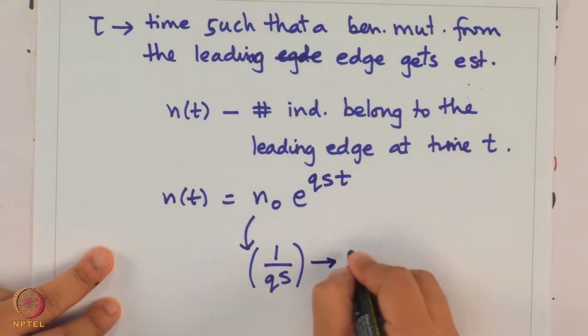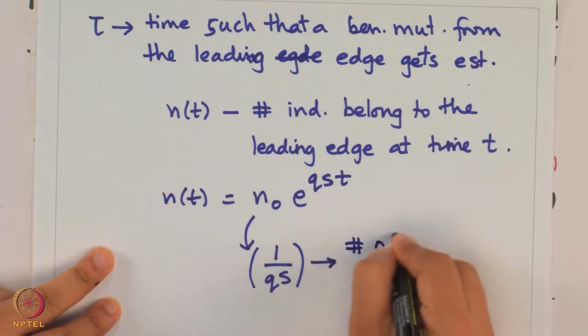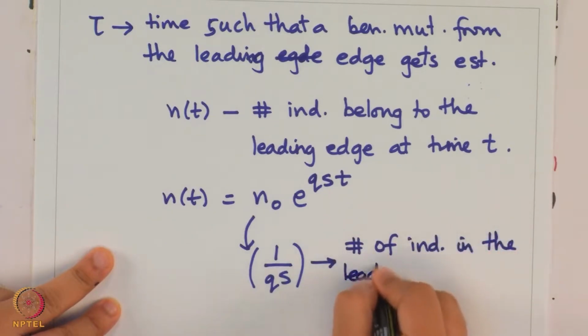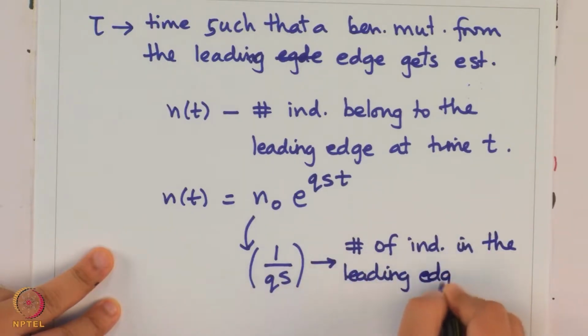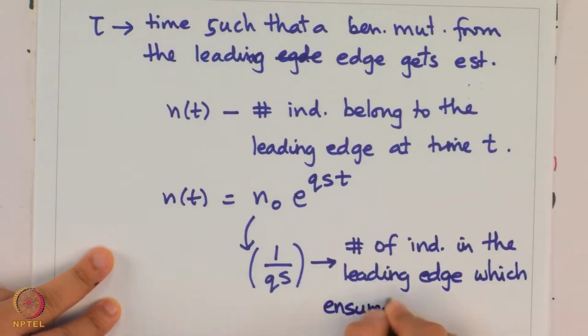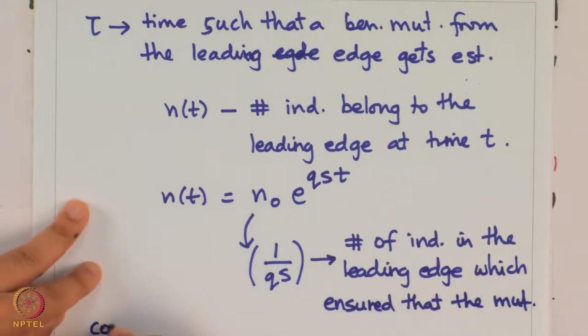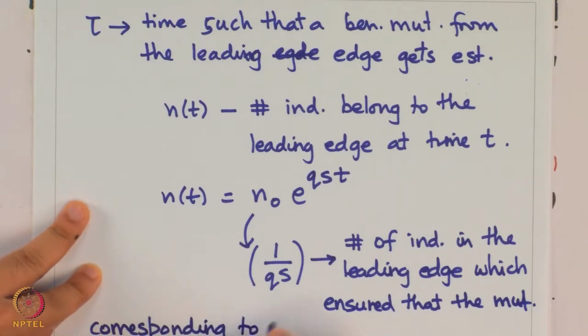So this was the number of individuals in the leading edge which ensured that the mutation corresponding to the leading edge got established.